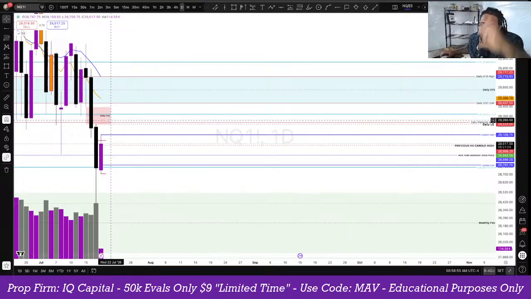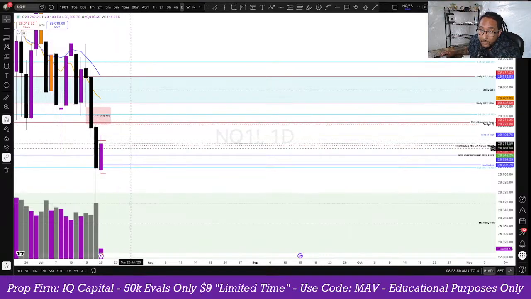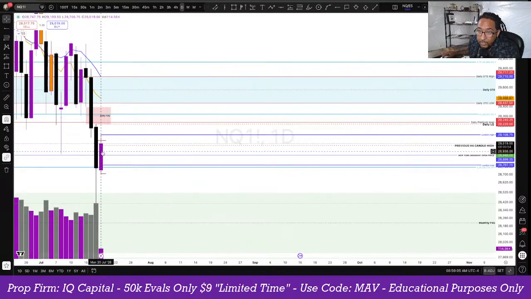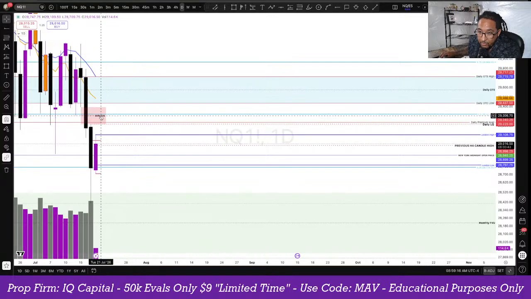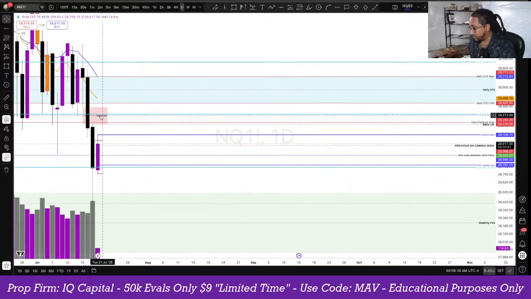That would be my draw on liquidity if I was to take longs, looking long here. So as of now, on the monthly, weekly, and daily, we are looking at more of a bullish sentiment, bouncing off that weekly and monthly bullish fair value gap and headed towards that daily fair value gap.